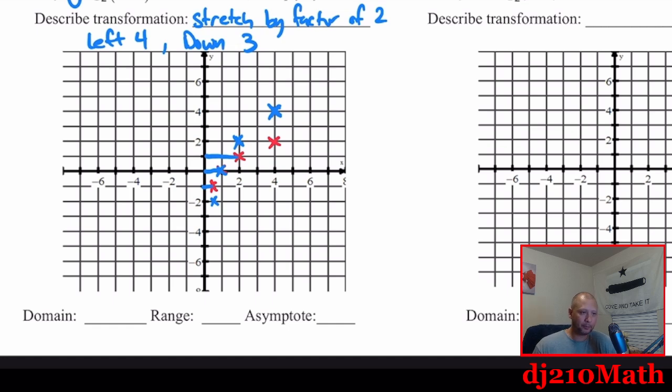Now, let's move them left, move them down. So if we move these left 4, the asymptote is going to be at -4. And now, left 4, down 3. So there's the first one. Remember, I'm moving the blue ones. Second one.